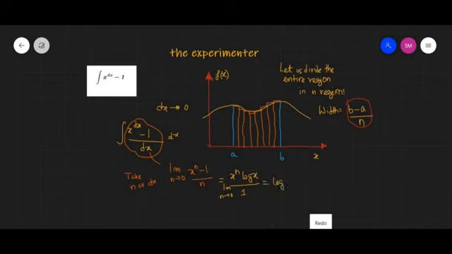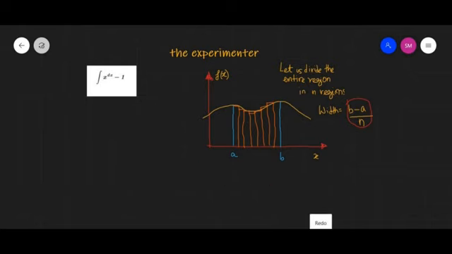So this whole function x to the power dx minus 1 by dx gets transformed into log of x, more specifically log base e of x. So x to the power dx minus 1 by dx is actually log of x when dx tends to 0. So basically this is nothing but the indefinite integration of log of x dx.